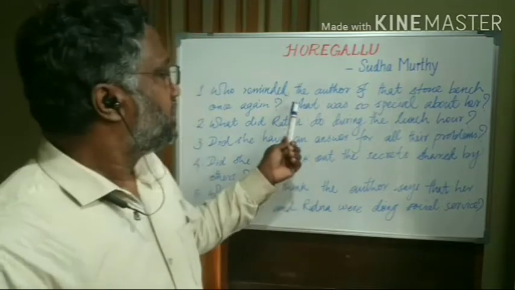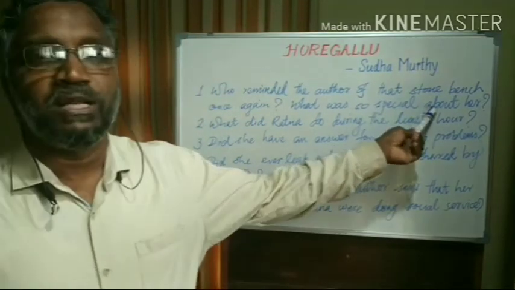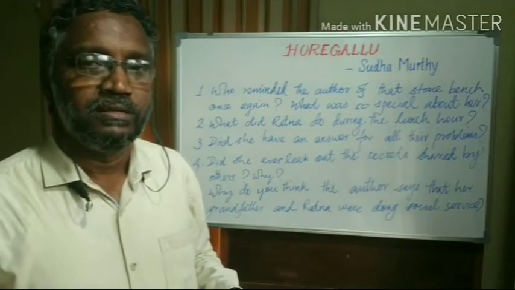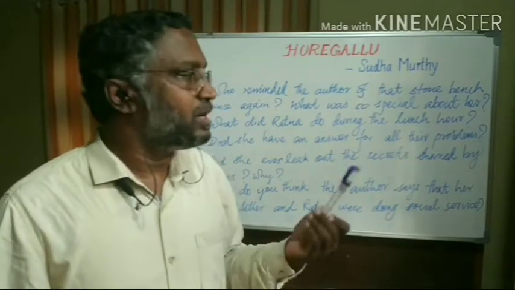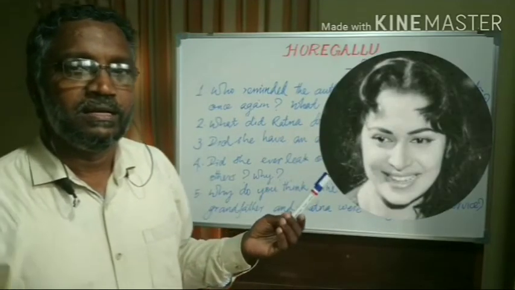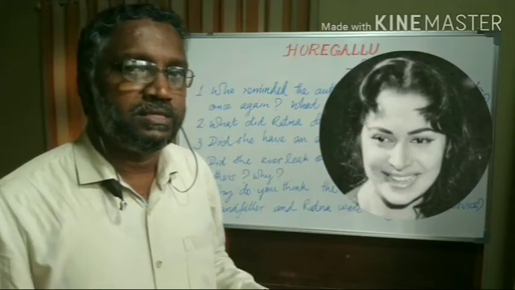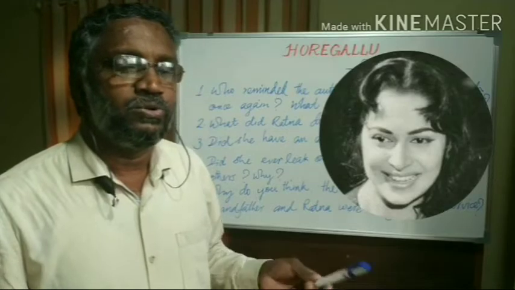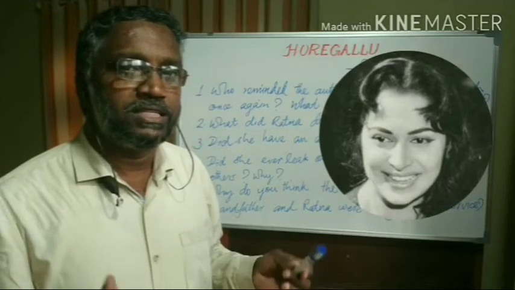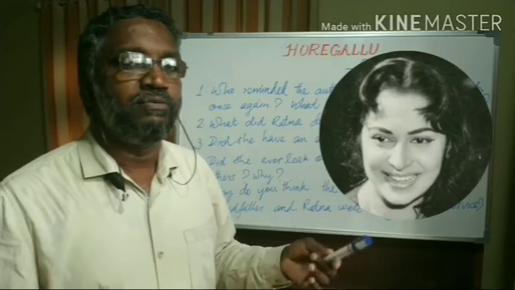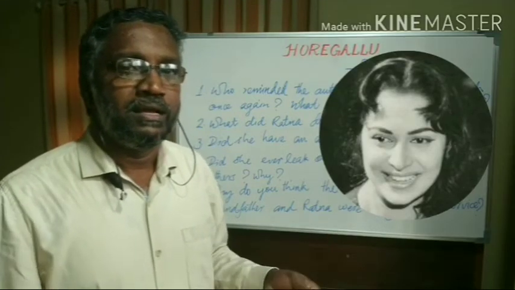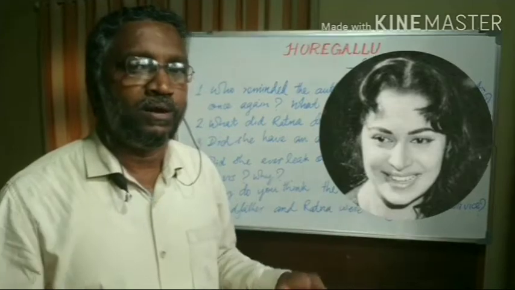And what type of a lady was she, what was so special about her? This lady had an infectious cheerfulness. You see what an infectious cheerfulness is. A cheerful countenance, a smiling face throughout, a smile that spreads many more smiles. That is what we call a cheerful smile. A smile that creates a lot of happiness around.